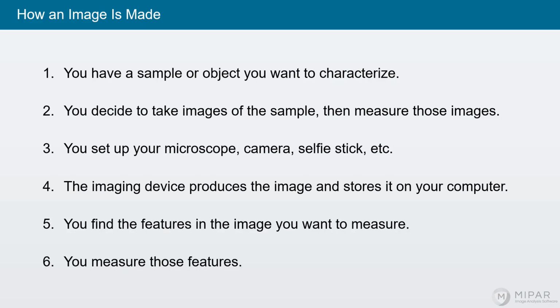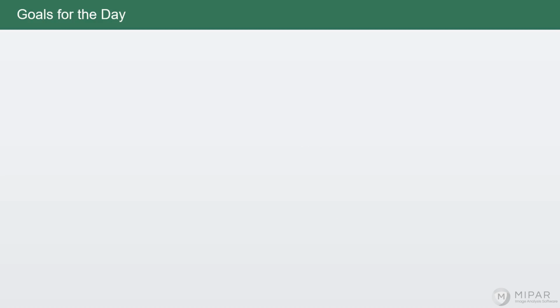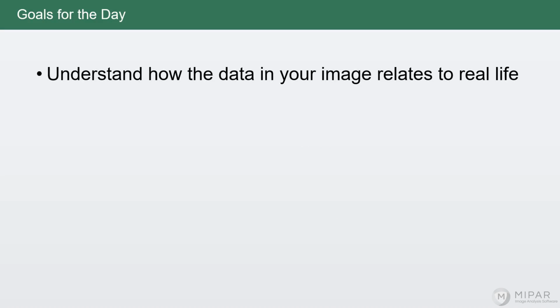But there's a problem. If you don't understand what's going on as the image is made, your data might not even get captured. There may be nothing to measure, or even worse, you may be measuring features that have been distorted, and you then get incorrect data. So the goal for today is to understand the data in the image and how it relates to the subject that you initially tried to capture.